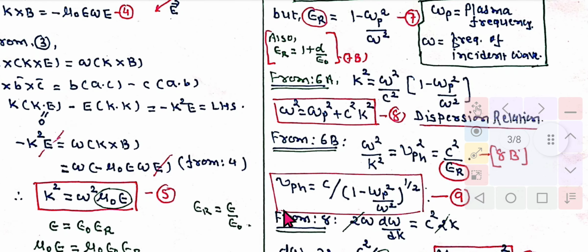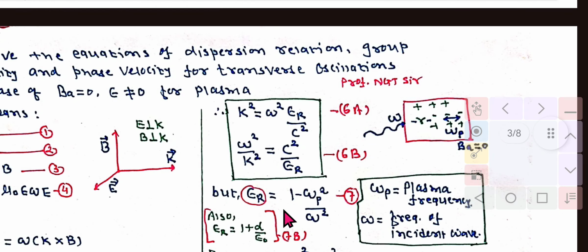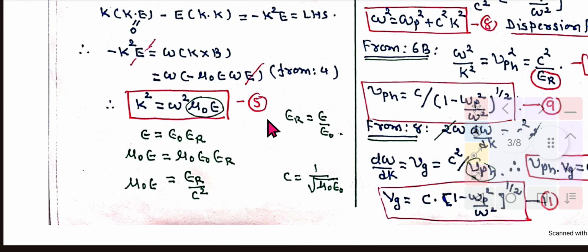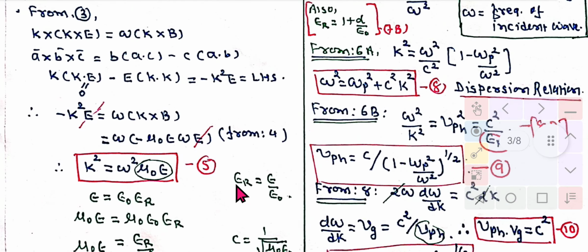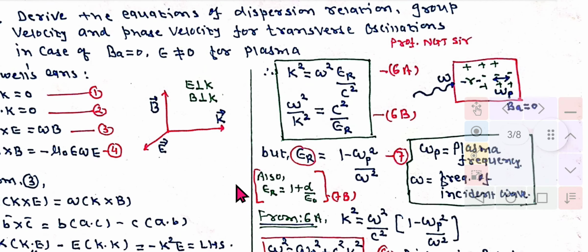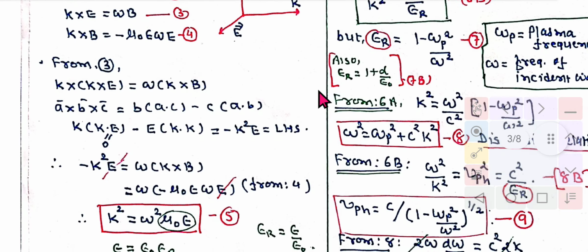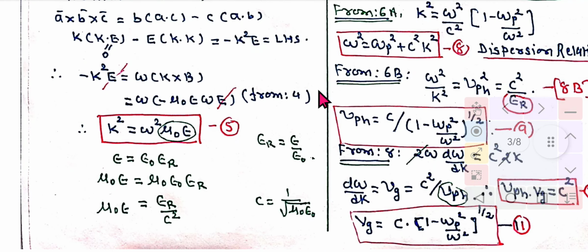Now let us see here. K square equal to omega square epsilon R divided by C square. This equation is reduced like this. Why is it so?